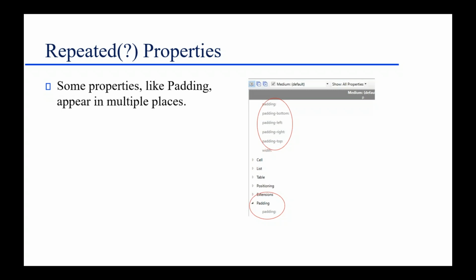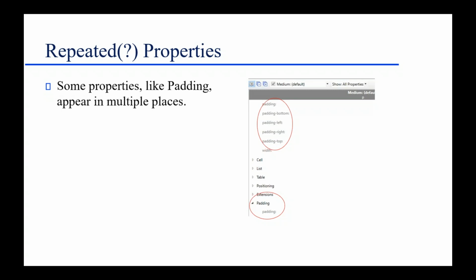And you notice here up at the top we have the padding settings in the box group, and then down below that, we actually have a padding group. So the obvious question is, does this mean that you can have two different sets of padding properties? And the answer is no. It's one set, but because they're being listed functionally, they're going to appear in two different places.